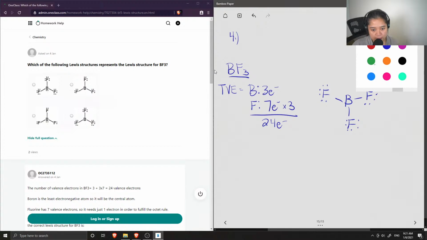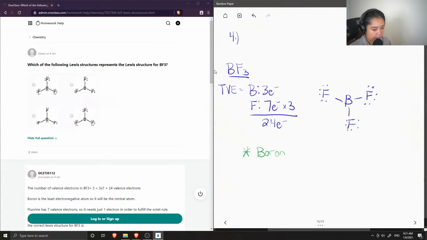And you may notice that boron doesn't have a full octet, but this is okay because boron is one of the exceptions to the octet rule. So I'll just write this down. And it's pretty satisfied only having 6 shared electrons.